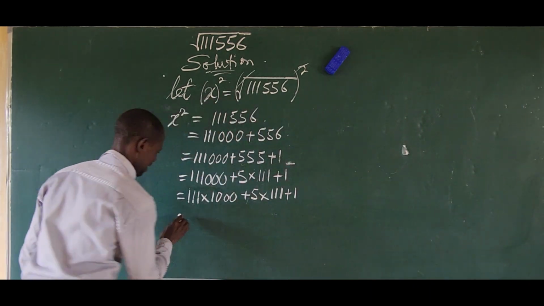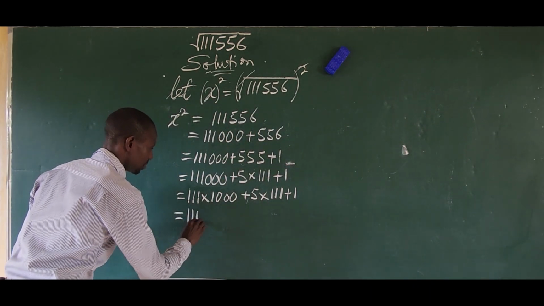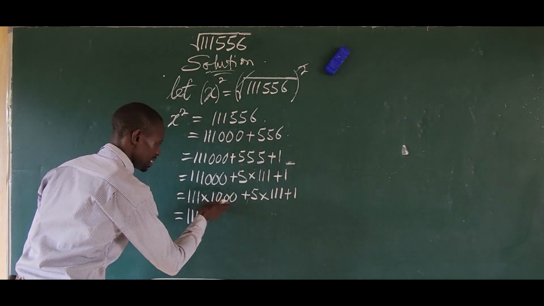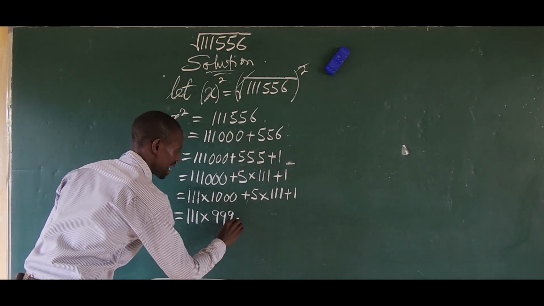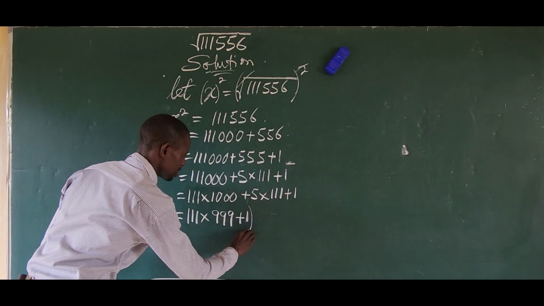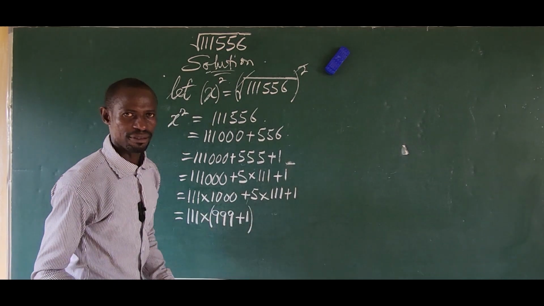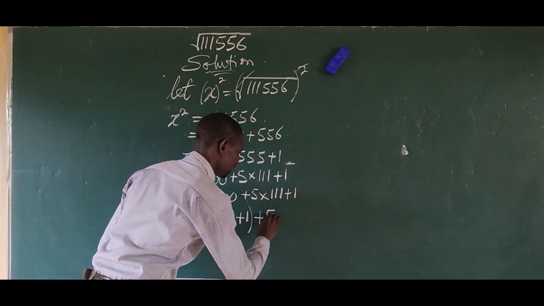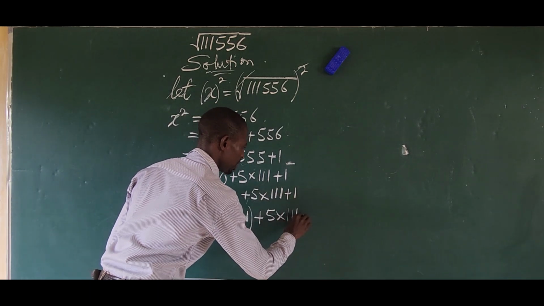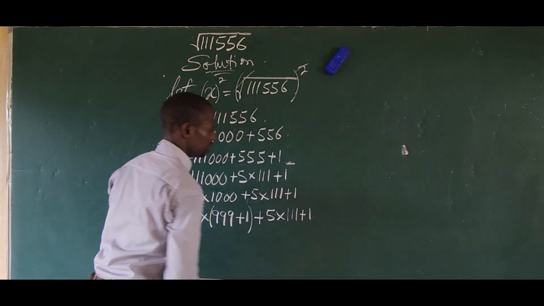So we can now rewrite this as 111 times 999 plus 1. Let's put this in brackets. True or false? True. Good. So we add up our 5 times 111 plus our 1.